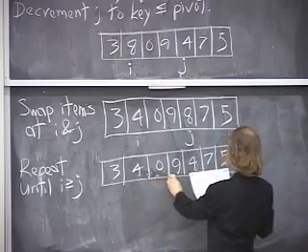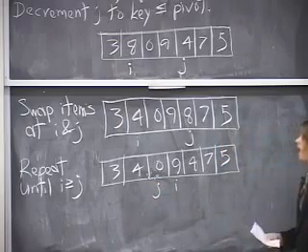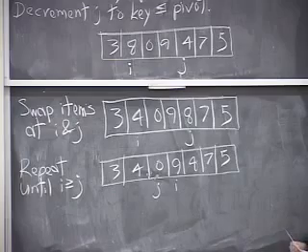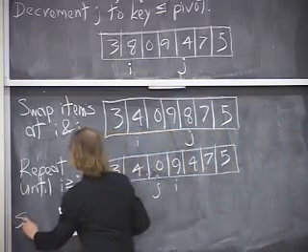And now i moves up to 9, j moves back to 0, and we're done partitioning this array because i and j have crossed. Now all we need to do is swap the pivot back to the middle.